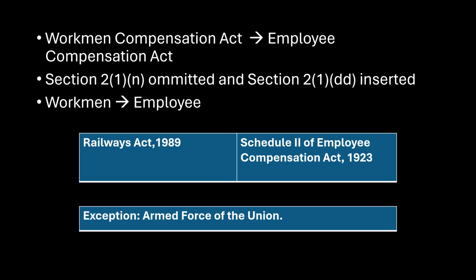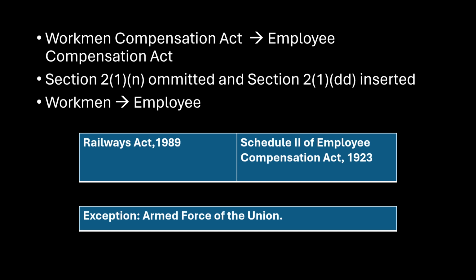So, to understand who an employee is, it can be categorized into two: one with respect to the Railways Act of 1989, and the other one, Schedule 2 of the Employee Compensation Act 1923. Section 2, Subclause 34 of the Railways Act 1989 defines a railway servant. A railway servant who is not permanently employed in any administrative, subdivision or divisional office of a railway will come under employee.